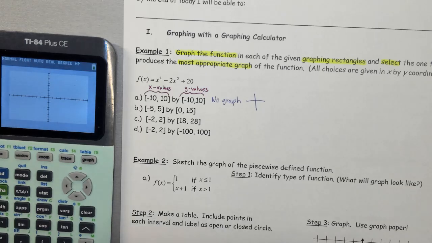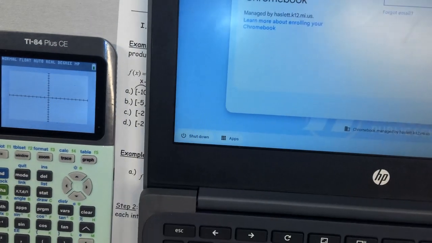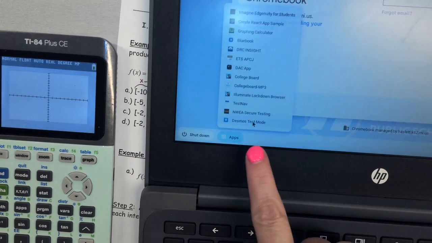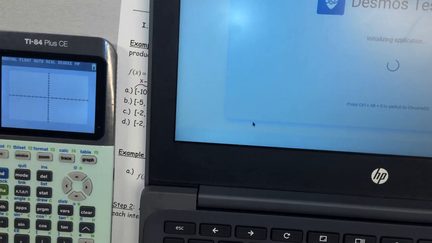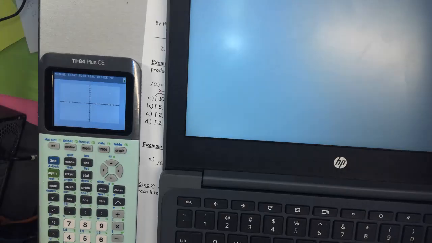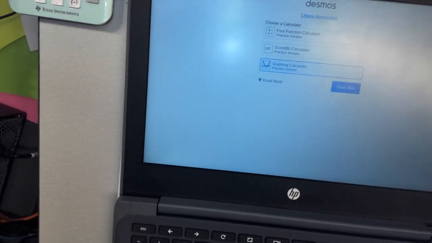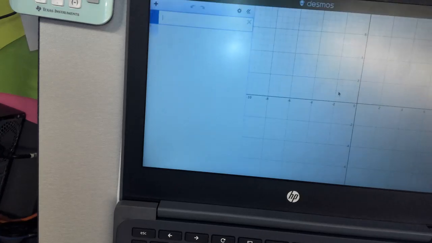And then if you are using Desmos, you're going to click on your apps, and then it's this one. So you're going to have to use your test mode. All right, and then we are going to use the calculator. We go to start test.